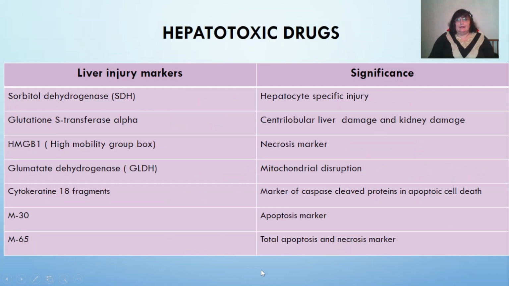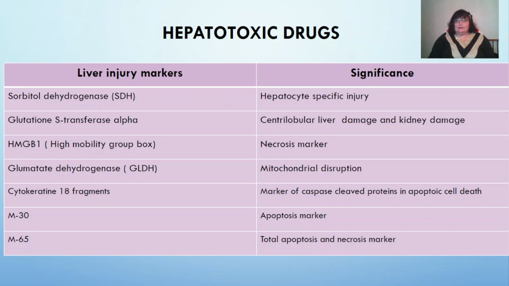Liver injury markers and significance when we're talking about hepatotoxic drugs. Sorbitol dehydrogenase is a marker of hepatocyte-specific injury. Glutathione S-transferase alpha indicates centrilobular liver damage and kidney damage.